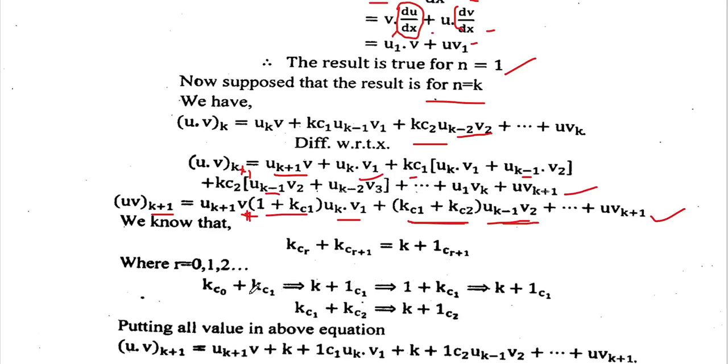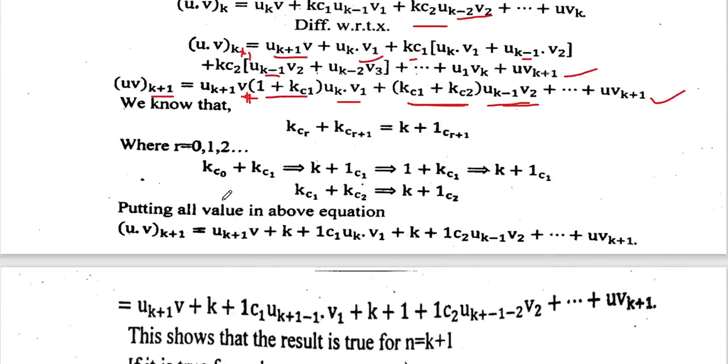So for r equal to 0, we get kC0 plus kC1, which implies 1 plus kC1 equals (k+1)C1. Now kC1 plus kC2 implies (k+1)C2.